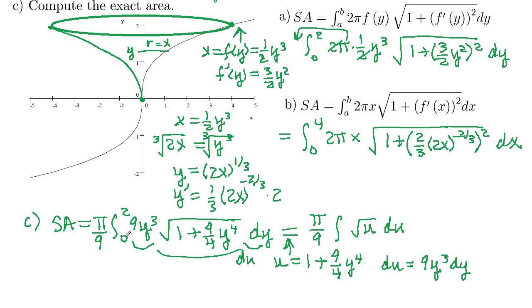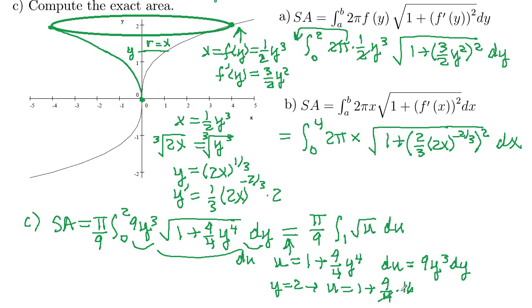And then we have to change our limits of integration over, so if you take y equals 0 and plug it in here, 1 plus 9/4 times 0, that's just 1. Take 2 and plug it in here. So 2 to the 4th is 16. Let's go ahead and work that one out. So y equals 2. Then your u is going to be 1 plus 9/4 times 2 to the 4th here, which is 16.